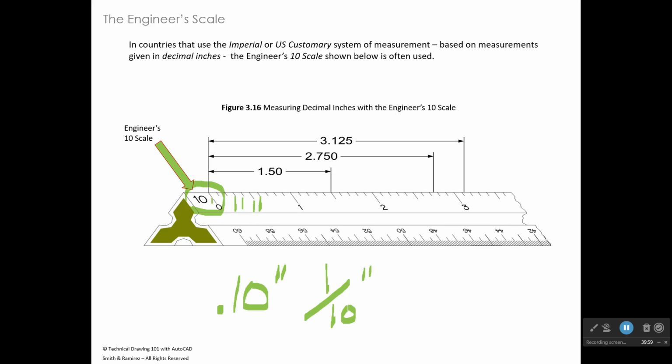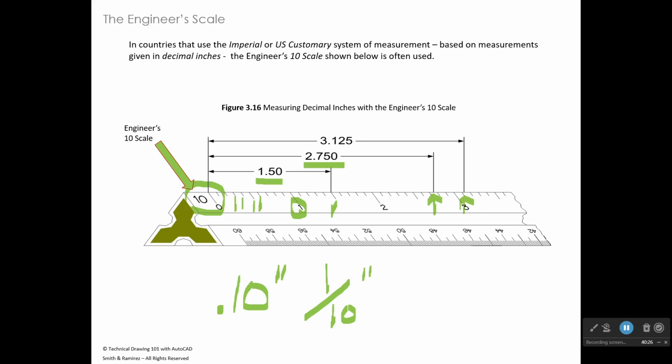If we go over to here, we're at 1 inch, and then we count 5 more increments, then that would mean that this dimension between the 0 and that mark right there would be 1.5 inches. And here we have 2.750 inches, so we've got a dimension hitting right over here. And here we have 3.125, and that's hitting over here.